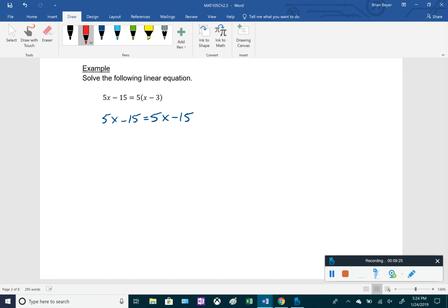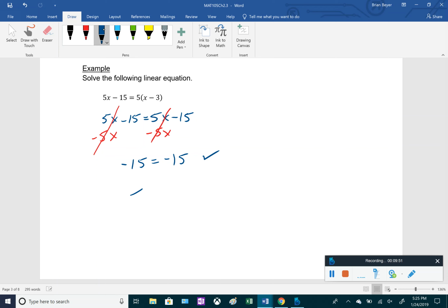But if you didn't recognize it yet, you can subtract 5x on both sides, and you can see that it actually cancels. Then we're left with -15 equals -15. You could add 15 to both sides here and get 0 equals 0, but this is enough to show that it's an identity equation.